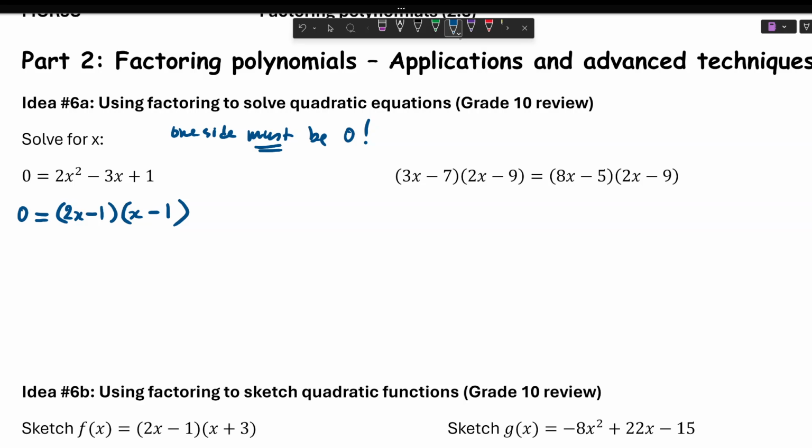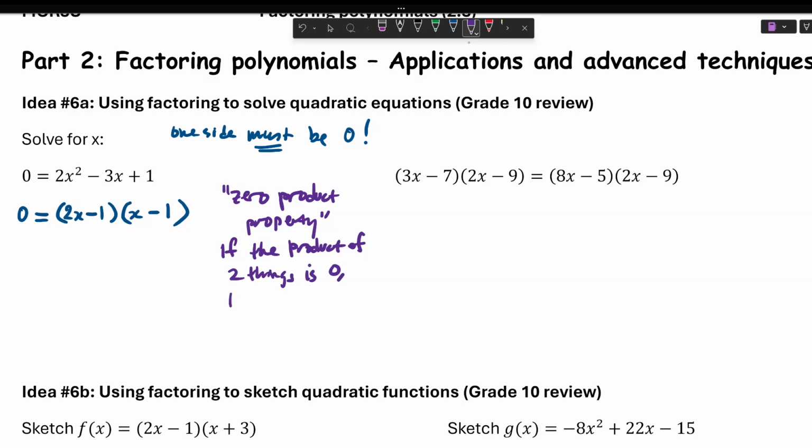Now what happens? So this is something called the zero product property, which is if the product of two things is 0, then at least one of those things must be 0.